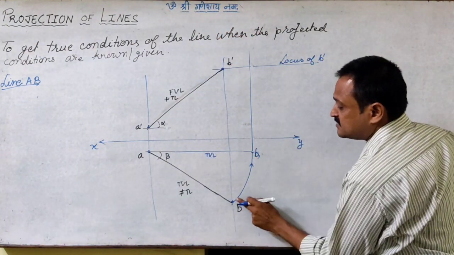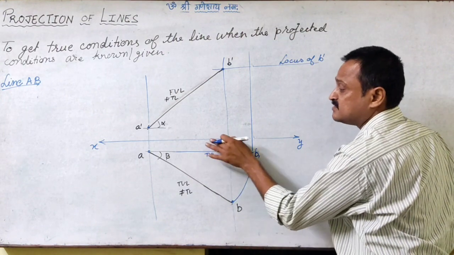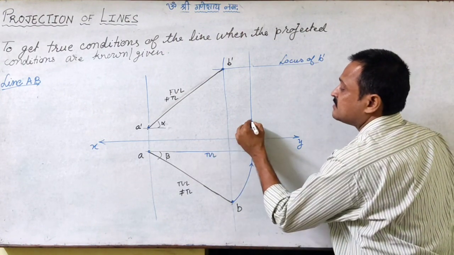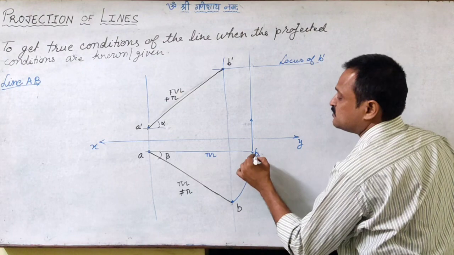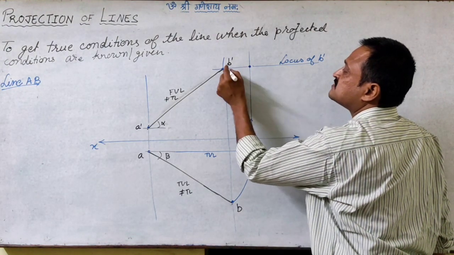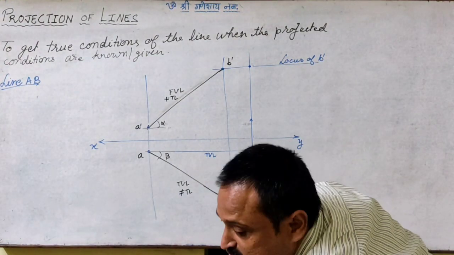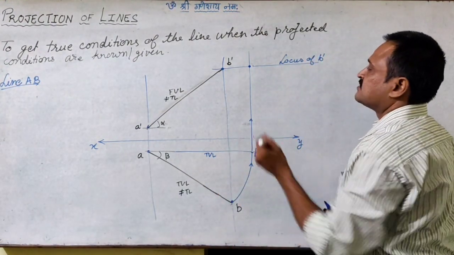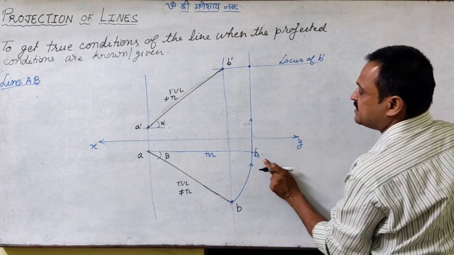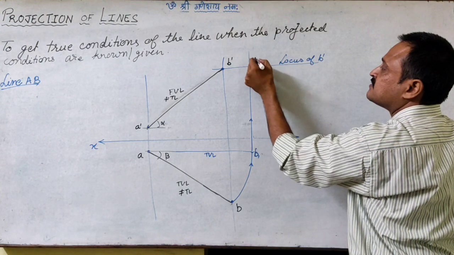Right? So in the new condition, when the image becomes parallel to XY, the height of B is not going to change. So B is going to lie on this projector, as well as B is never going to change its height. So that means this B dash. So now for B1, this B1 dash is the new position.